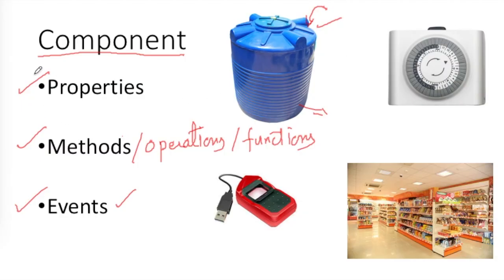So you can understand it like this. Properties are used for describing the component. That's description. And second, a method is the way you communicate with the component. Like when I am filling, I am communicating with the component. Or I am setting the time, or resetting the time, I am communicating with the component.